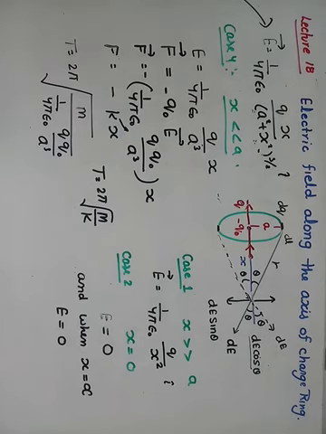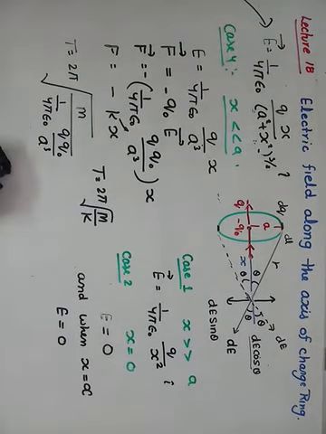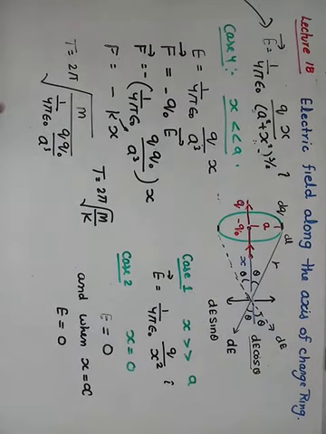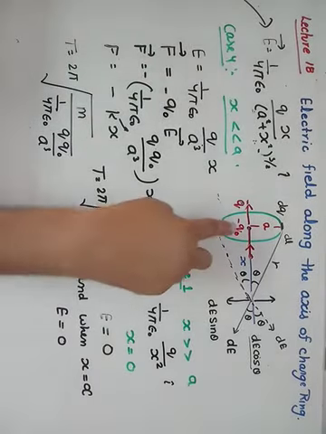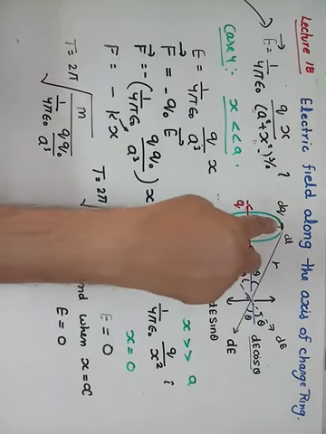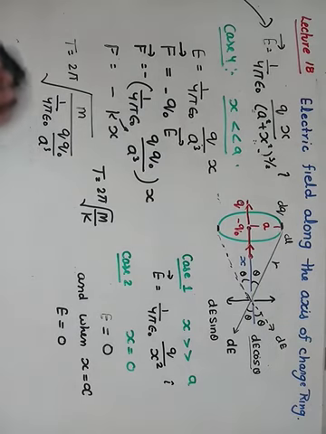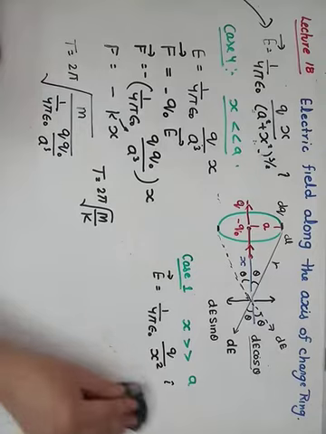Now, next case. If a charge q naught is placed at the center, minus q naught since we have placed, the force on this minus q naught is 0, but this q naught will exert a force on the ring in the outward direction, due to which a tension is produced in the ring.